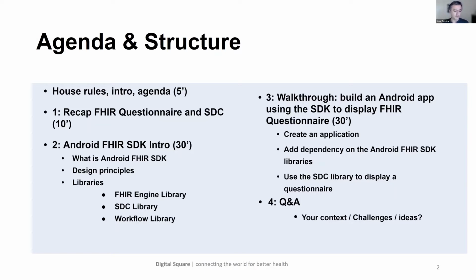Using that, he's going to introduce the FHIR SDK and some design principles that are behind creating the application. He will show us the relevant libraries that are used to create this application. And the fun bit, he will actually walk us through creating an application, adding the dependencies and adding the questionnaire that we have created in our specification.